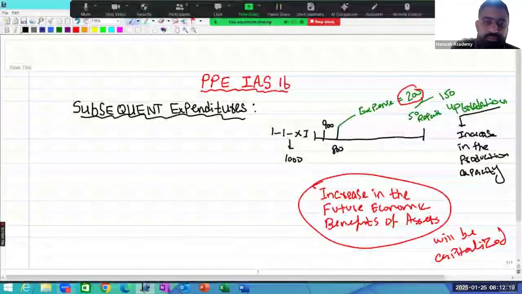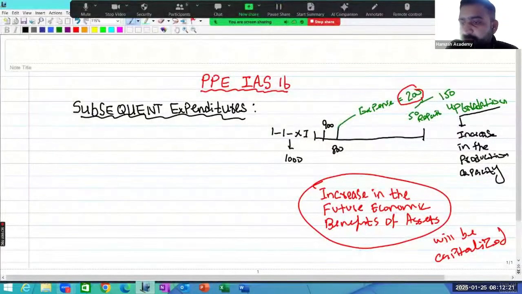Now, the repair expense is an expense which does not affect the future economic benefits of the asset. So the repair expenses are usually expensed out in profit and loss account.